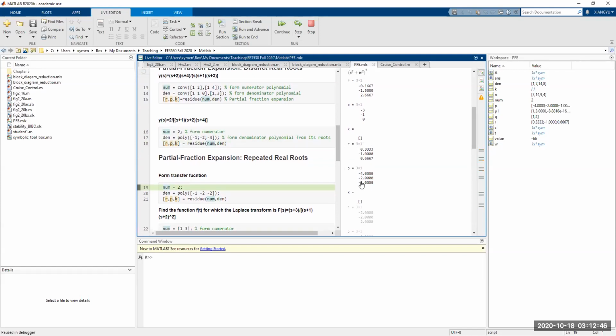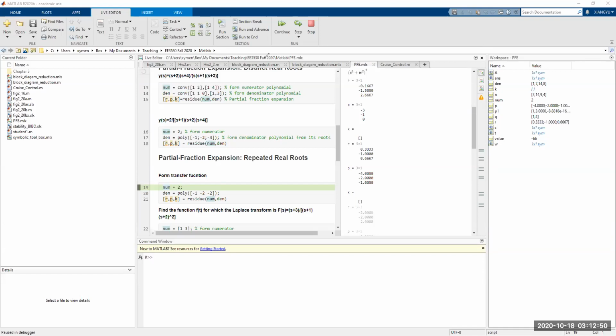So here it shows the result. For s plus 4, the coefficient is 0.3333.